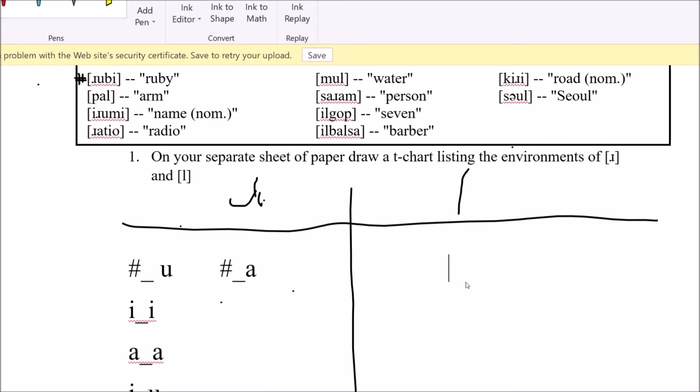Okay, so now looking at the words with the ol sound, we can see the first one is mul, meaning water. So that is between u and another word boundary here at the end of a word. Next one here is pal, meaning arm.